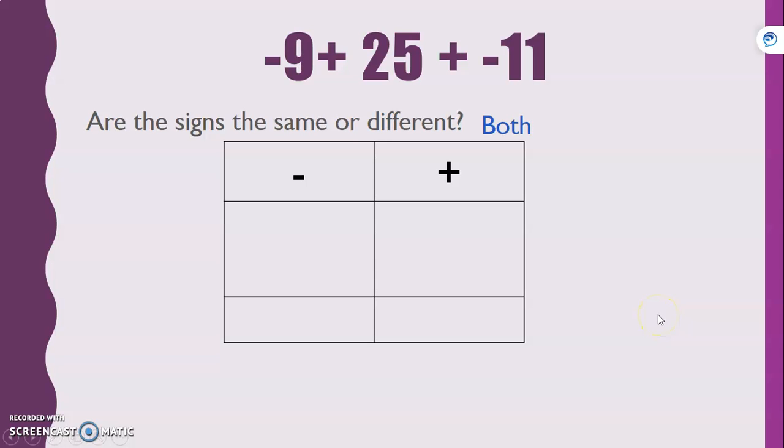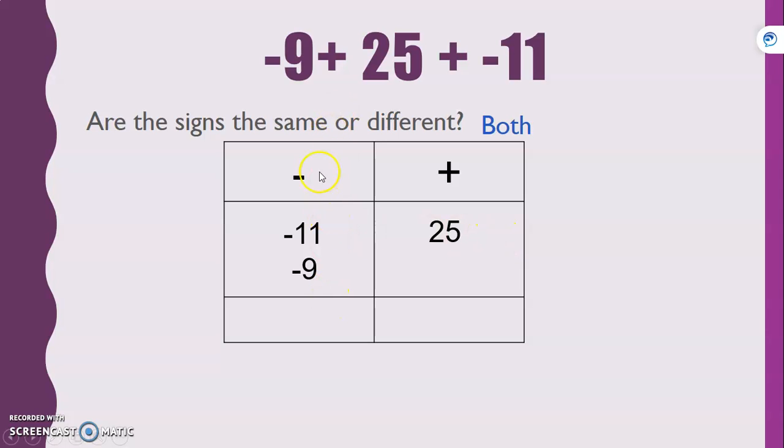I'm going to put my negatives in my T-chart, negative 11 and negative 9. And I like to line them up from smallest to greatest for the negatives, because the larger the number you look at, the farther you go from 0, so the smaller you are. And for my positives, I like to line them up from greatest to least, but I only have one, so I have 25.